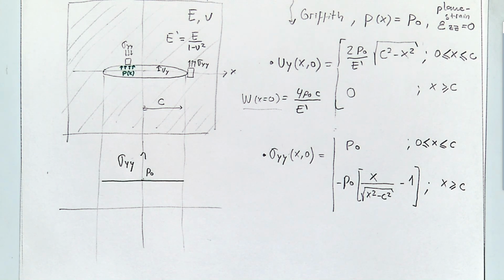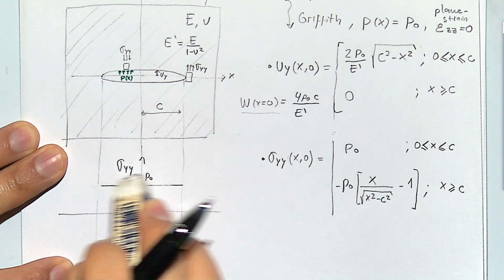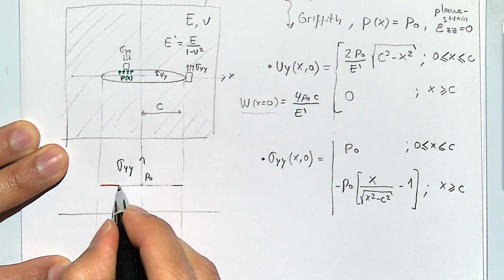Miss Roof, or I don't know very well how to pronounce your last name. Amy Roof. What is the stress at the tip of the fracture, according to this solution?